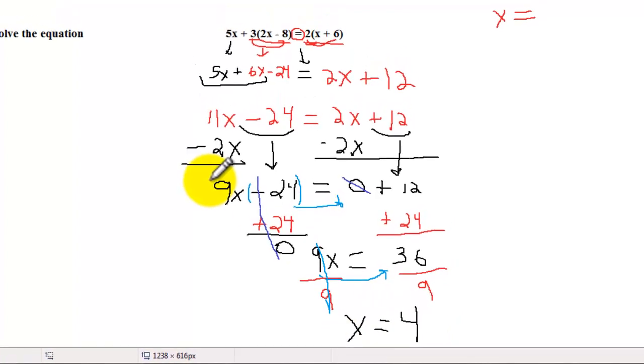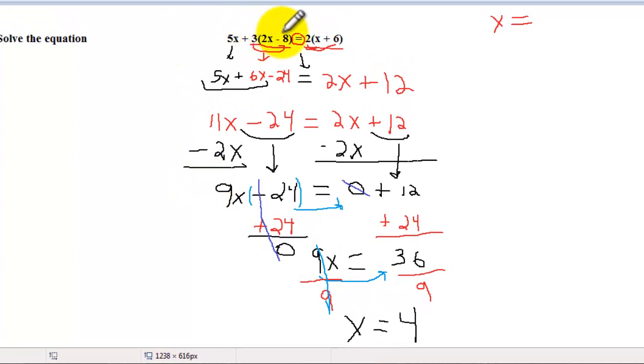So the steps are, you take your distributive property and apply it so that you have these terms. Combine any like terms. So we combine the 5x and the 6x, we got the 11x. We have to move the terms that are on each side of the equation so that the x's are on one side and the numbers are on the other side.